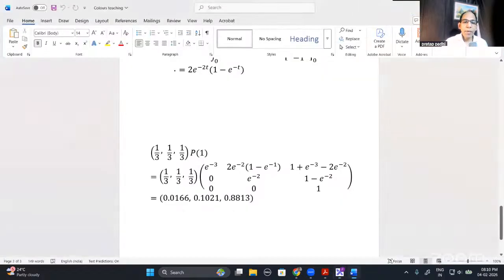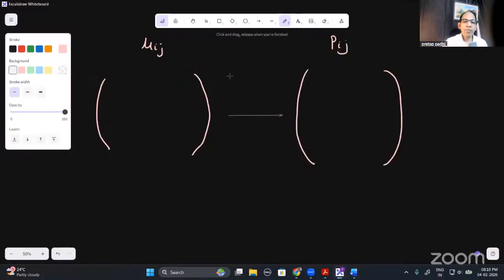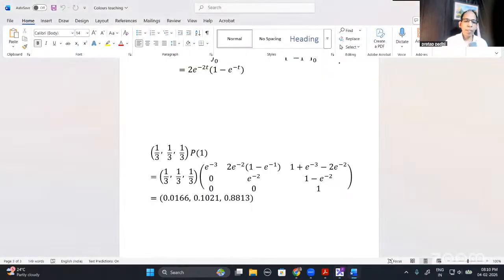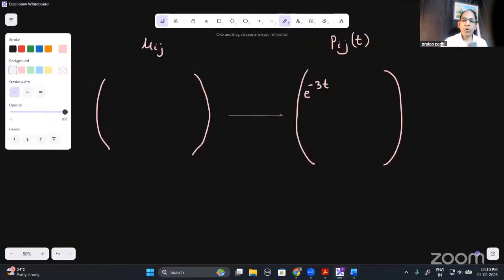Now these values were given and we got these values. e to the power minus 3t for Pij of t. If you solve the Kolmogorov equation, you will get this. Then 2 e to the power minus 2t, 1 minus e to the power minus t. And the third one is A, the big one.